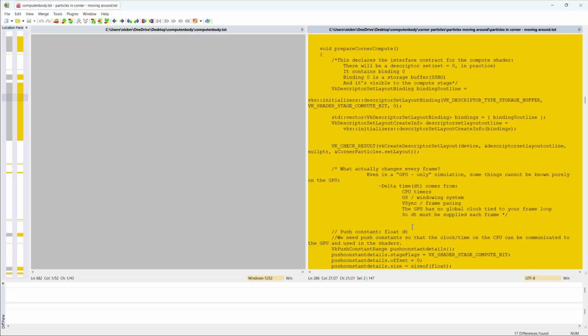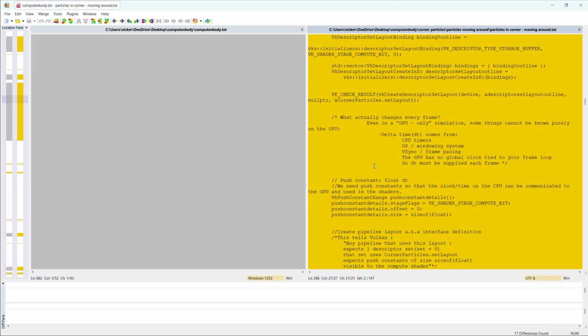So we use push constants to communicate the clock time on the CPU to the GPU, to be used in the shaders, right? So we do that right here.